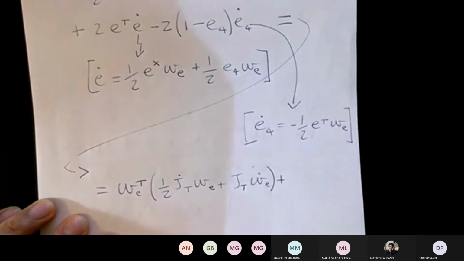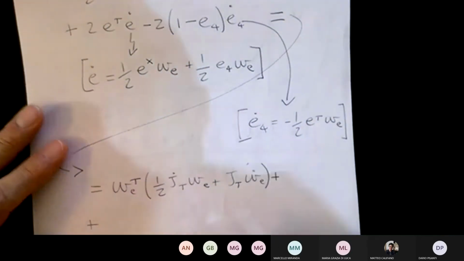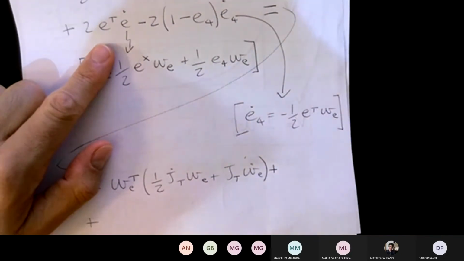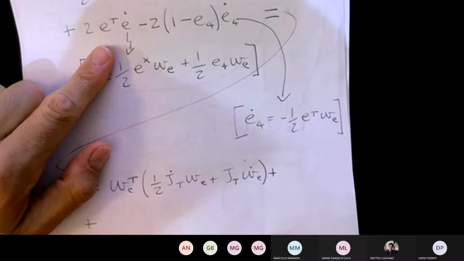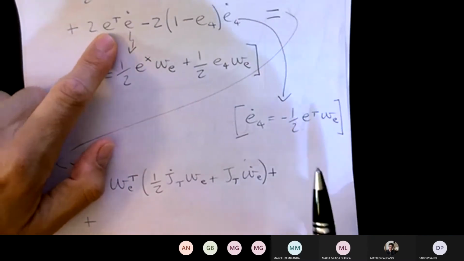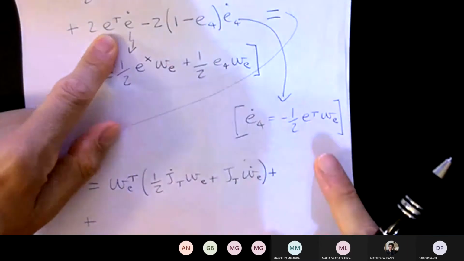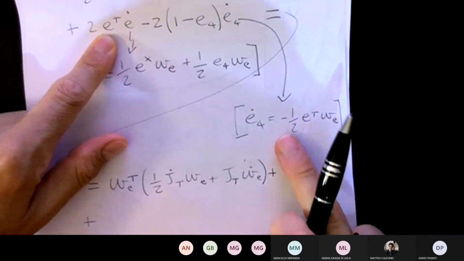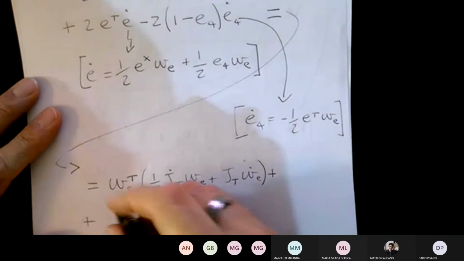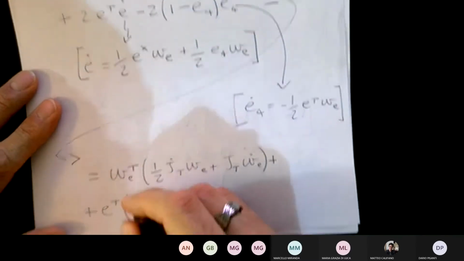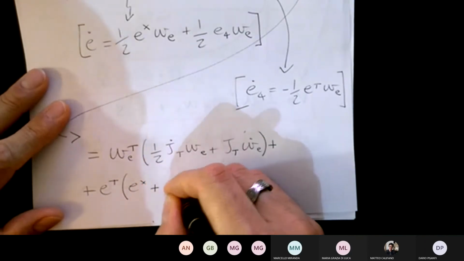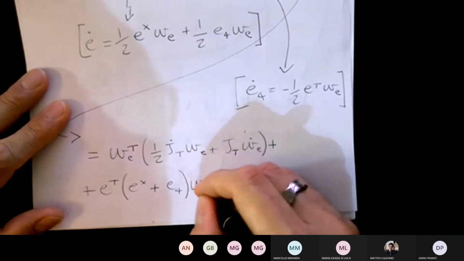Then I'm going to collect E transpose between this term and this term, because E4 dot will become minus 1 over 2 E transpose omega E. In other words, I have E transpose that multiplies E cross plus E4, and this multiplies omega error.